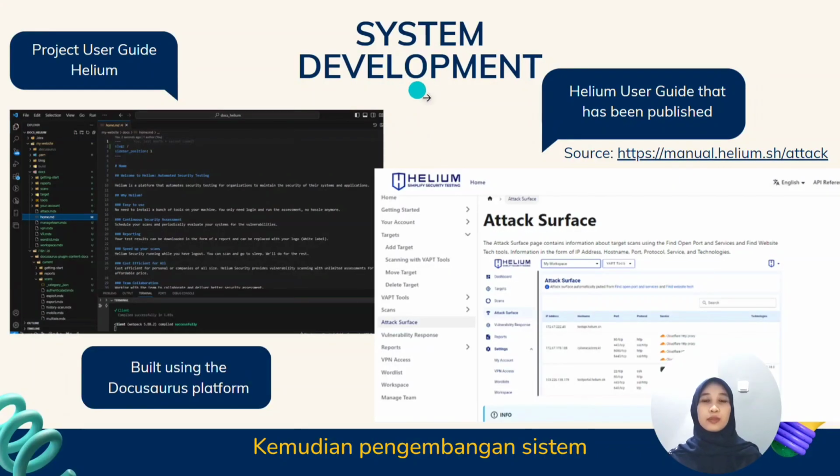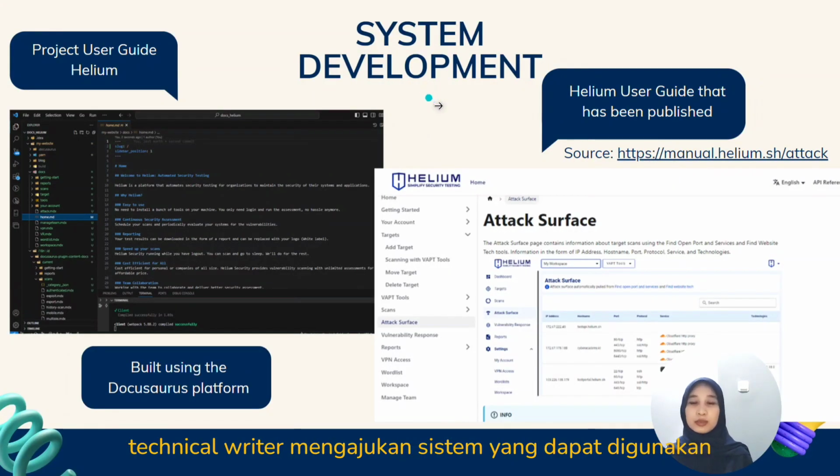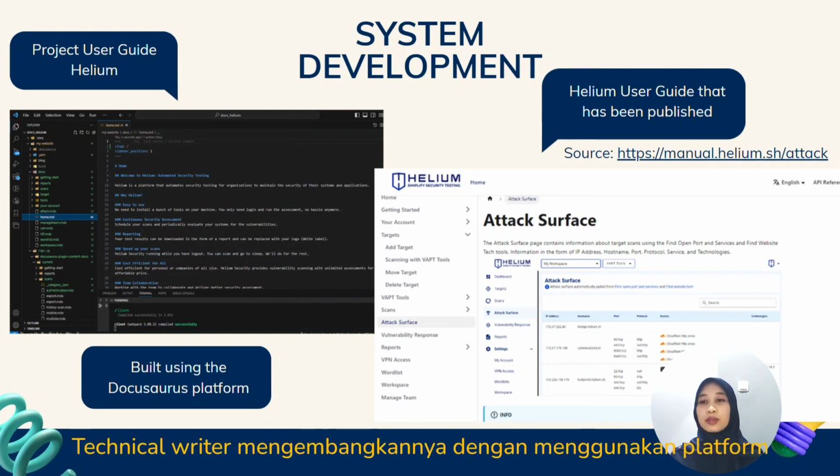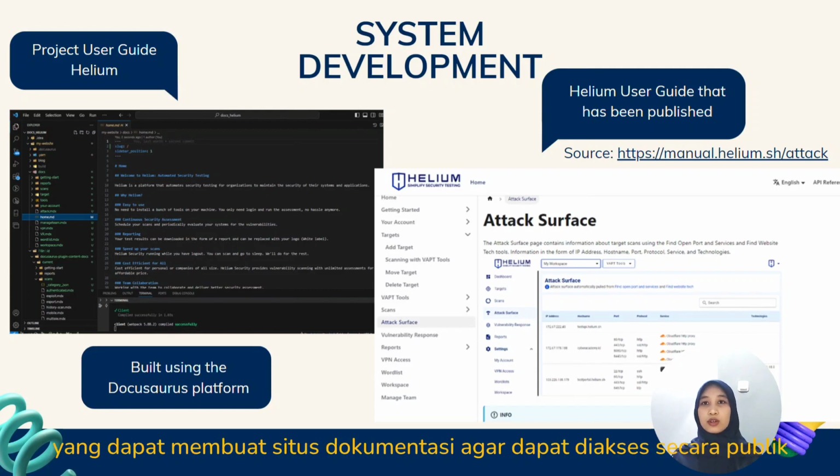Then the system development. The technical writer proposes a system that can be used, namely by creating documentation that can be accessed publicly. The technical writer develops it using a platform that can create documentation sites so that they can be accessed publicly.